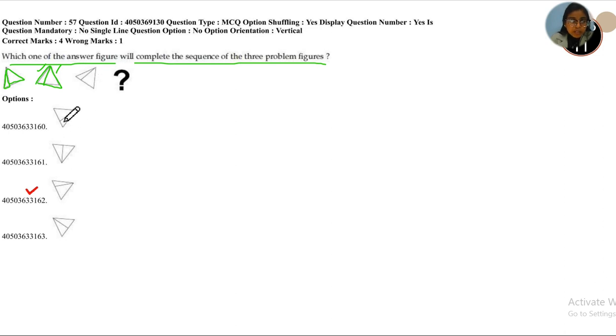Now look at option number A, it is reversed, so that's why it is out. It is in between, that's why we are eliminating it. Same for option number D, it is in between, so out. Now we are left with option number C. See, on the left side we have the smaller part, on the right side we have our bigger part, so option C will be our correct answer.